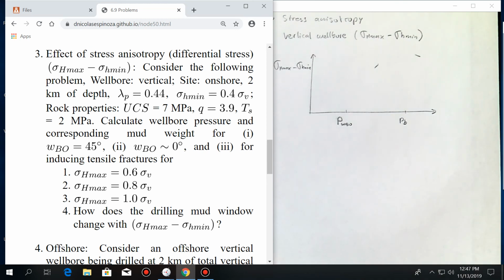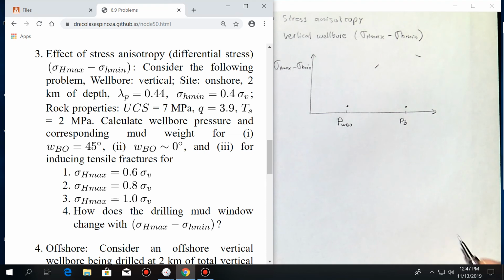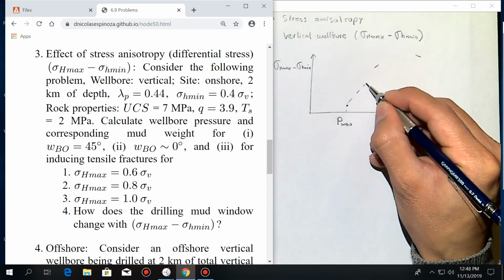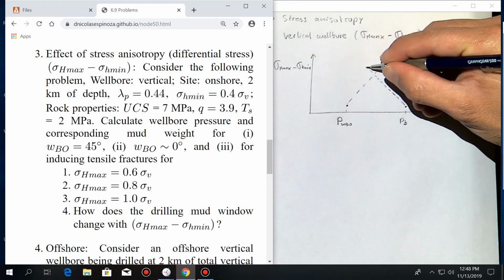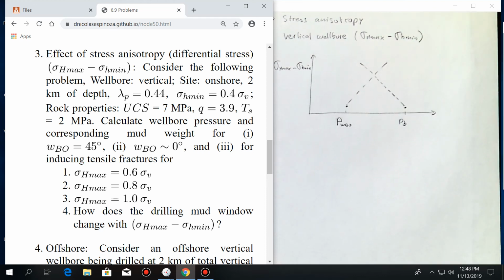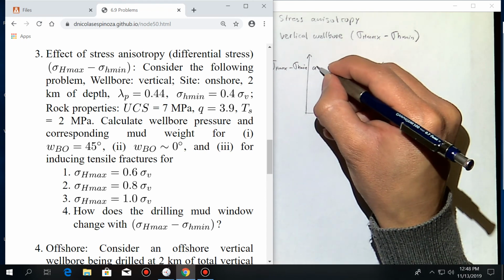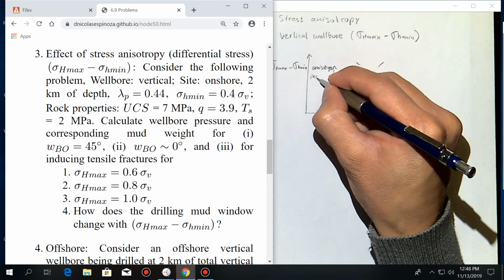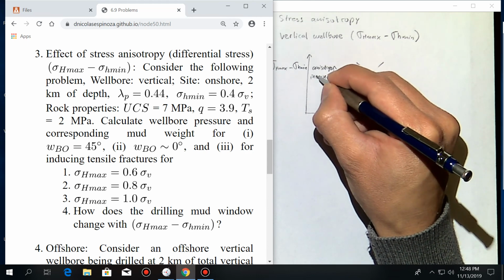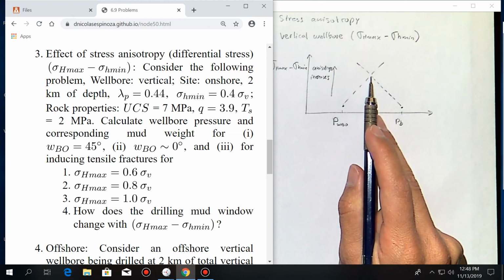So when there is small anisotropy, you may start somewhere over here. As anisotropy increases, it's going to be the same effect as the one with overpressure, and eventually there's going to be a point in which these two are going to cross each other.